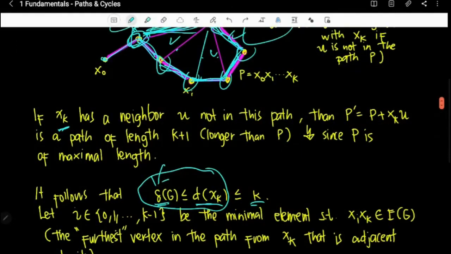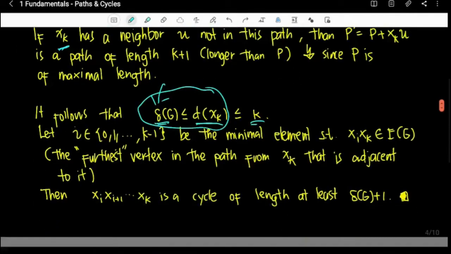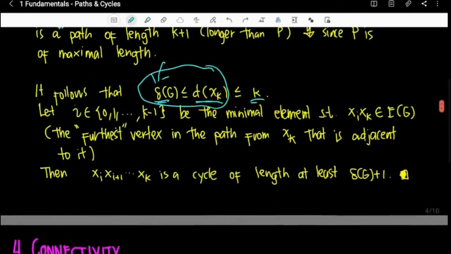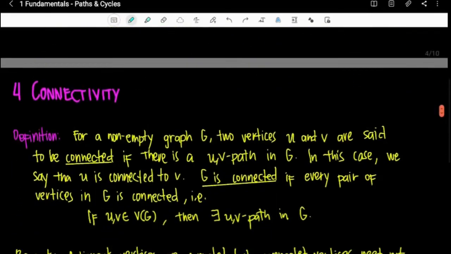Okay? So, that's the reason why you always have a path of length at least delta G, and a cycle of length at least delta G plus 1. Again, delta G is the minimum number of edges incident in a vertex. Okay?